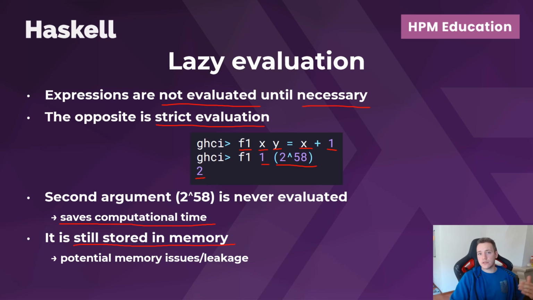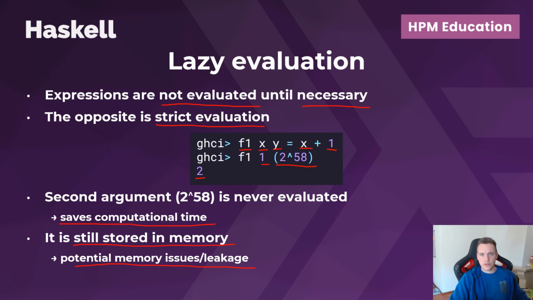But maybe it really never gets evaluated, and in that case we are just storing it in memory for no purpose. In any case, this can still lead to potential memory issues or memory leakage, where our programs eat up a lot of memory and can cause systems to run out of memory because so many unevaluated expressions are being stored there.